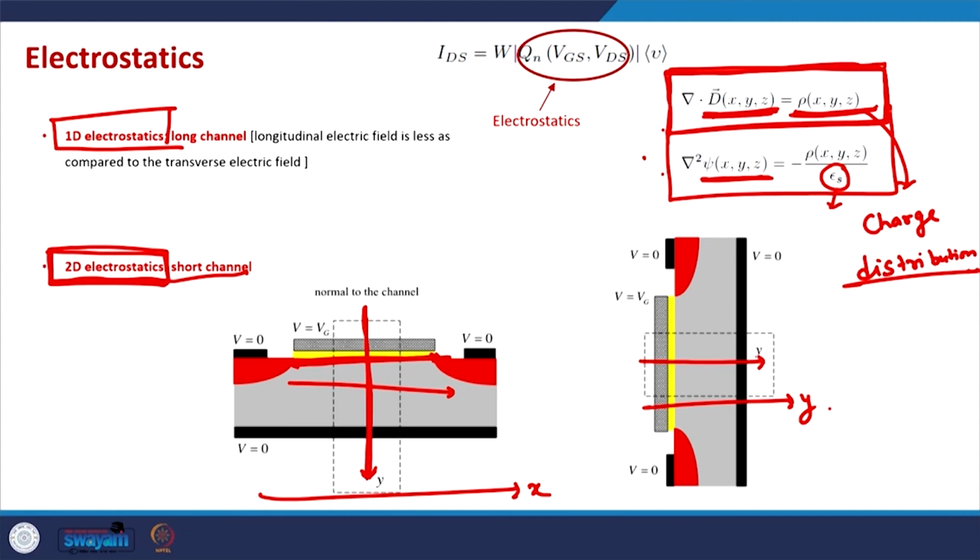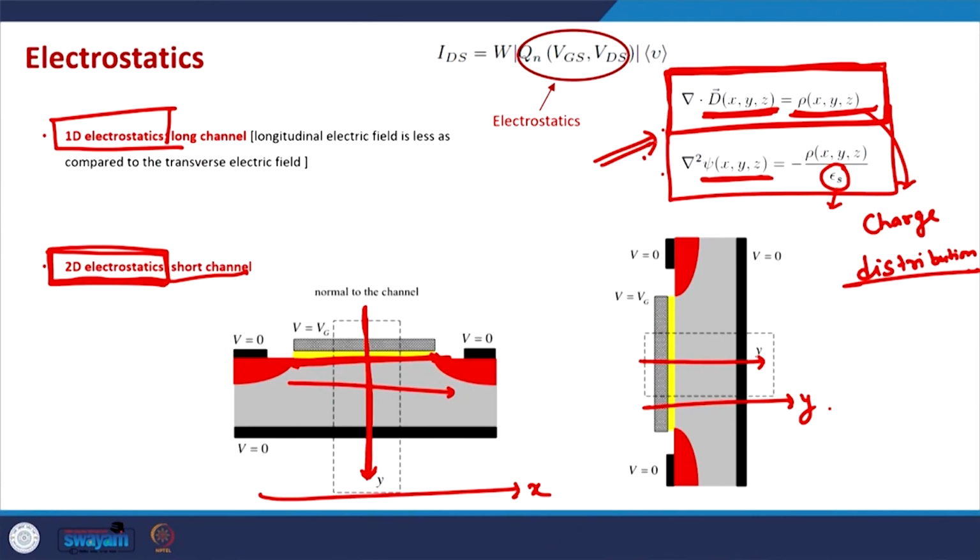So, generally in electrostatics this is the focal point of our discussion. Generally we try to solve this equation in the MOSFET for various regimes and for various applied voltages on the gate and on the drain side. We will come to this in a bit, this is just to give you a glimpse.